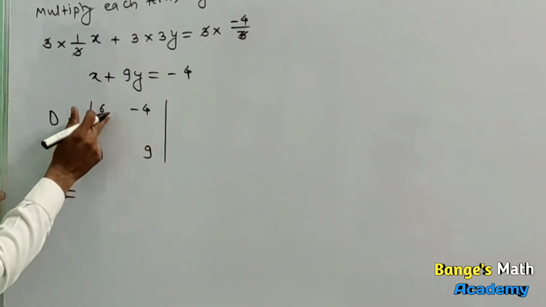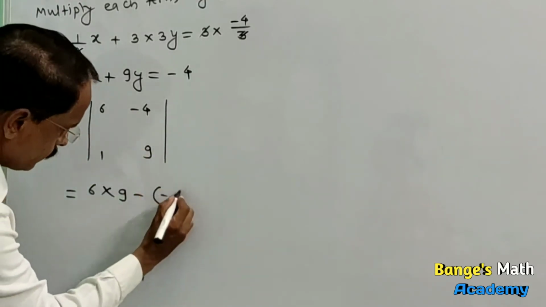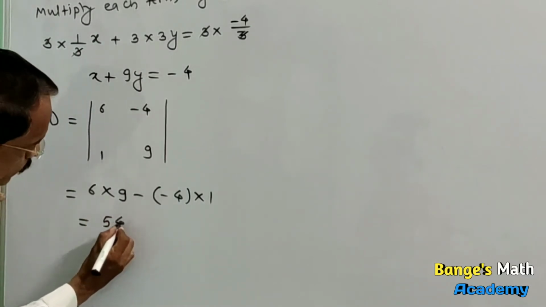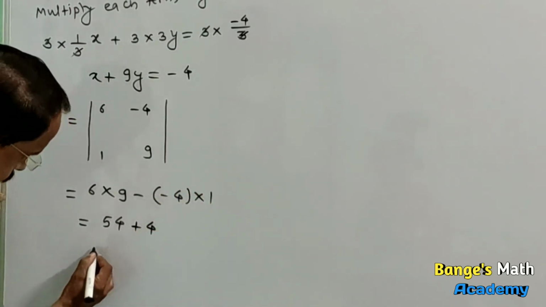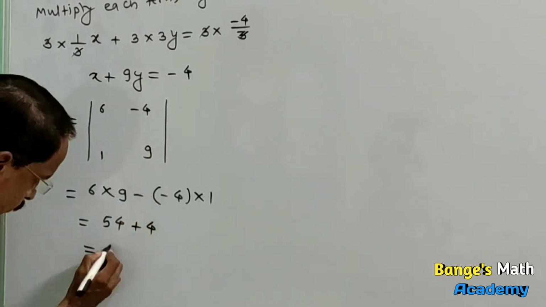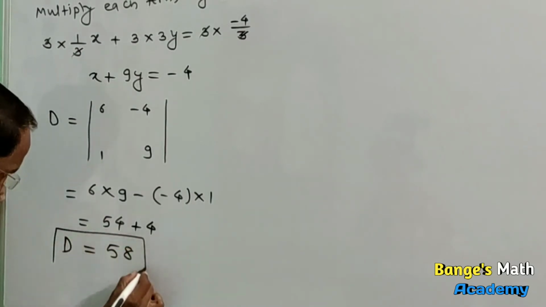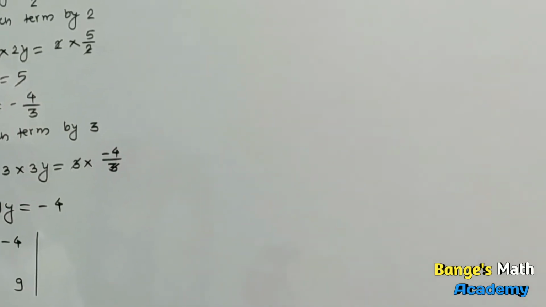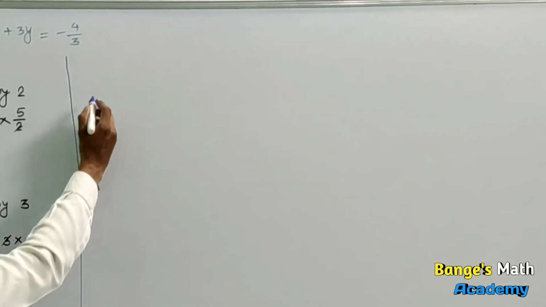Simplify this. 6 into 9 minus -4 into 1. 6 into 9 is 54, minus into minus -4 into 1 is 4. 54 plus 4 is 58. We find value of d is 58. Then find value of dx.